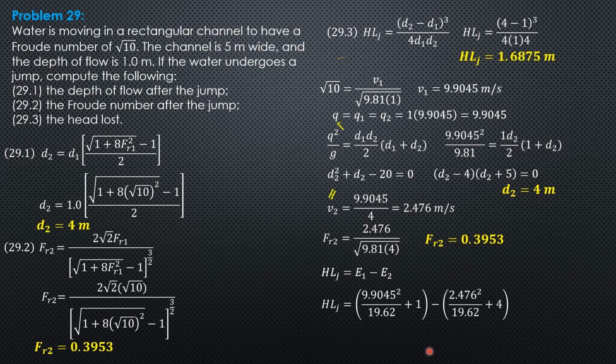Computing using your calculator, it will give us the same answer of 1.6875. So if you're not familiar with these direct formulas, then stick to the principles and formulas for hydraulic jump in a rectangular section or channel.